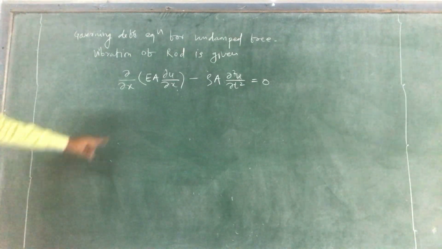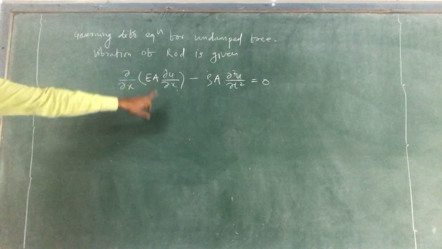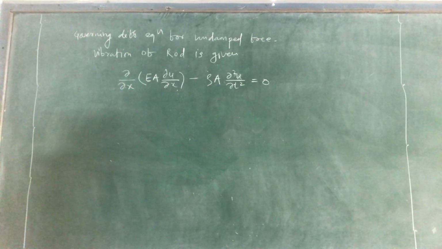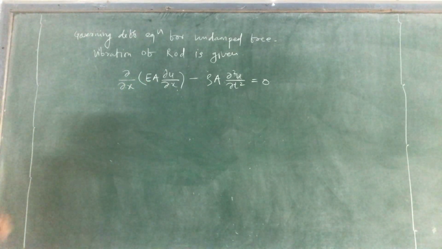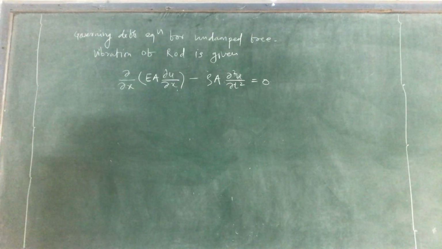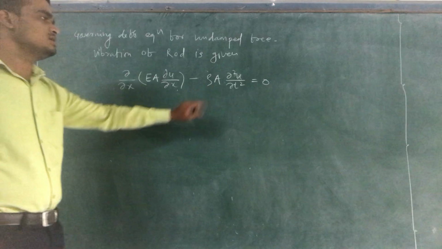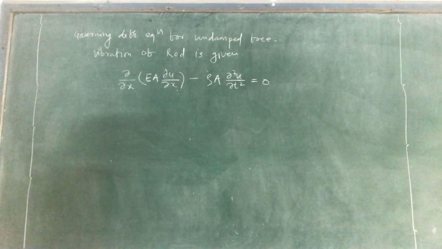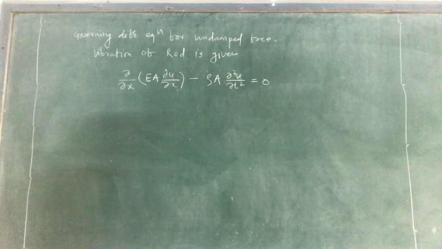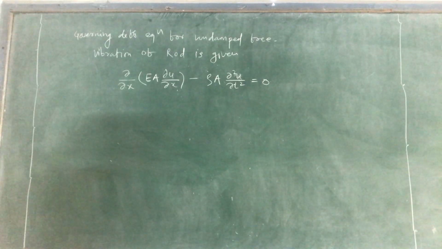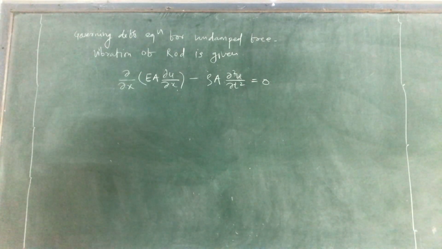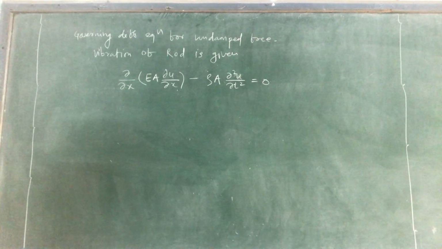E is the Young's modulus of elasticity of the rod, A is the area of cross section of the rod, and rho is the density of the rod.